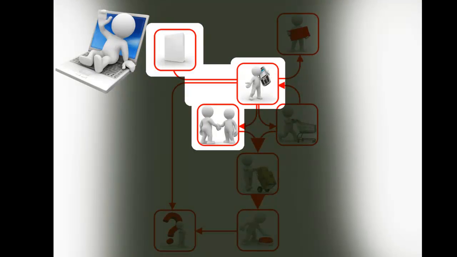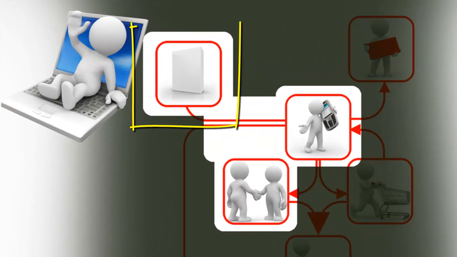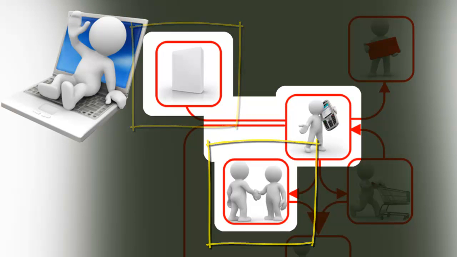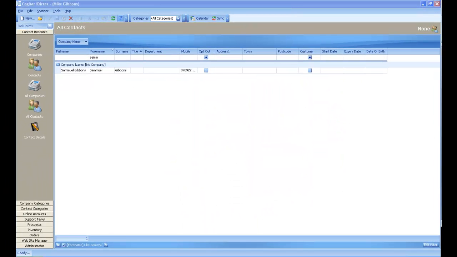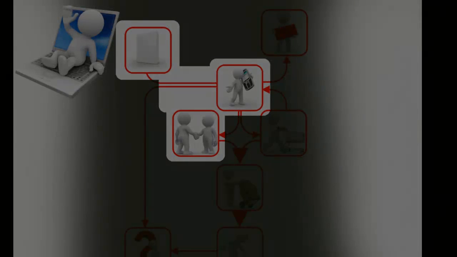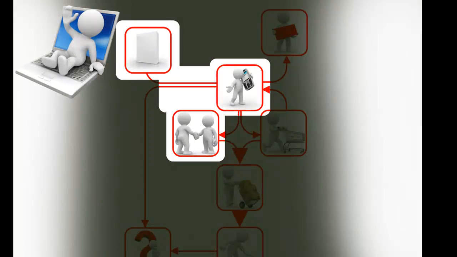If we go back to our diagram, we've seen that the information is taken from the website and dropped into the prospect system, and we can now see that the information is also in the customer system. This means that you can start building up the rich tapestry of information regarding this individual. It's not just a case of getting the information into the prospect system and the CRM system.